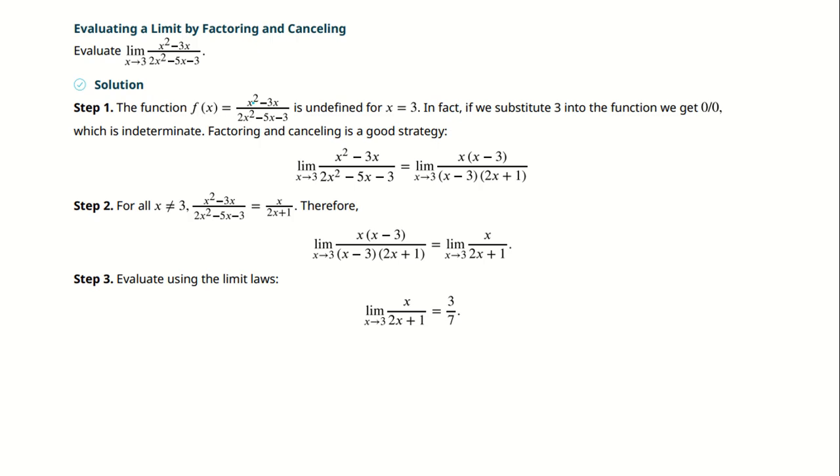We have f of x equals x squared minus 3x by 2x squared minus 5x minus 3. So if we substitute x equals 3 here directly, then we have 0 by 0. That means we can't substitute 3 directly, right?